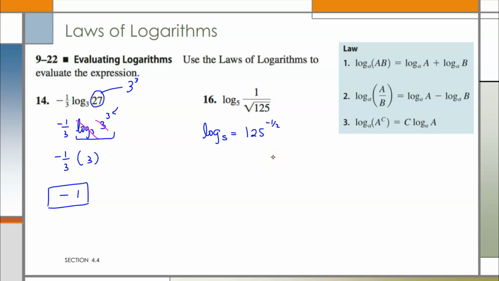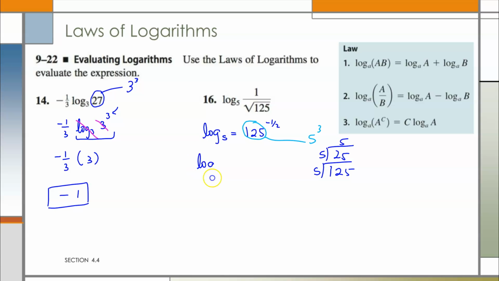Now we want to see if there's a way that we can write 125 in terms of base 5. 125 divided by 5 is 25, and we know 25 is 5 times 5. So we can rewrite this as 5 cubed.